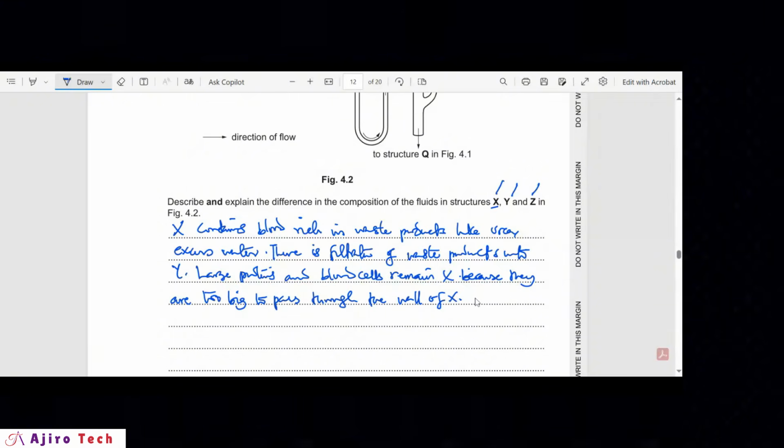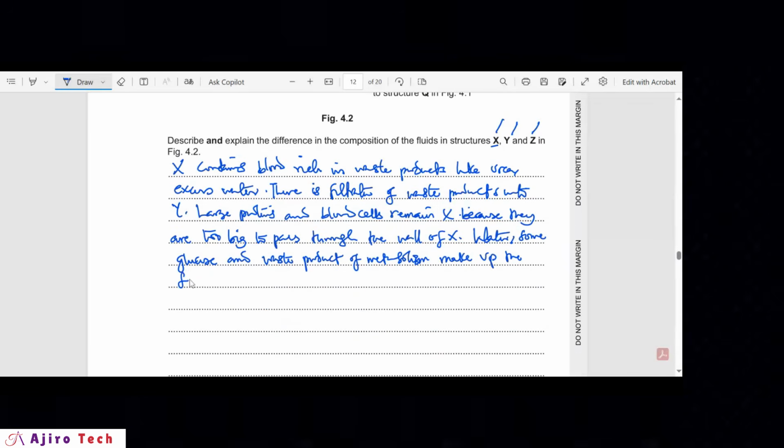So we can say that water, some glucose, and waste product of metabolism make up the fluid in Y. The fluid is known as the glomerular filtrate. Y also contains mineral ions.